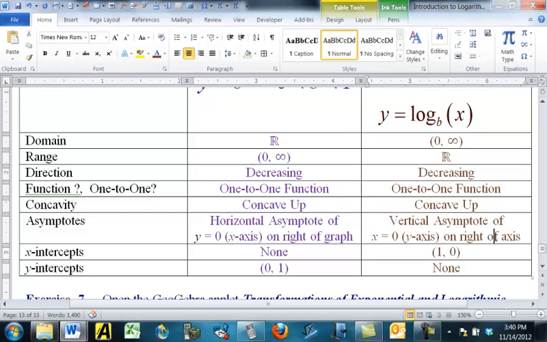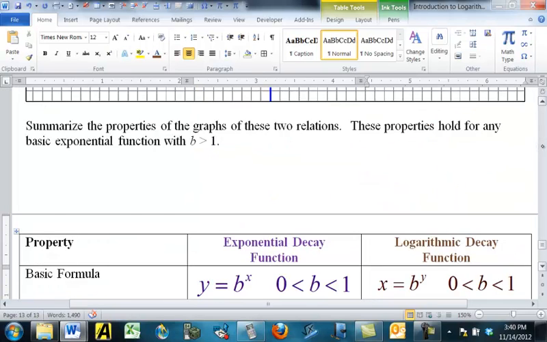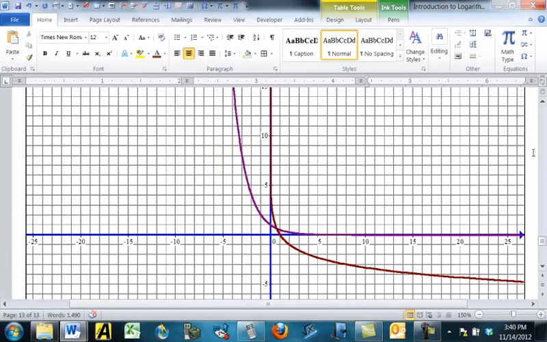It's on the right side of the y-axis, but notice the arrow is pointing the opposite way from before. When the base is bigger than 1, this was down here in this quadrant on the axis, coming close to the axis, and this one was over here.